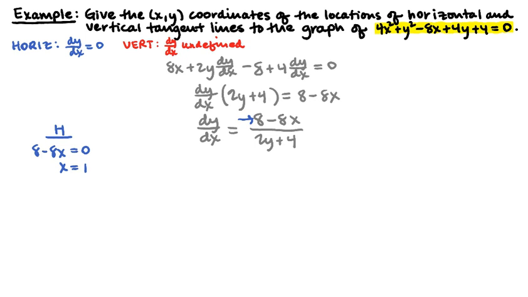So I've got 4 times 1 squared plus y squared minus 8x, so that's minus 8, plus 4y plus 4 equaling 0. And look at that. 4 plus 4 is 8, minus 8 is 0. y^2 + 4y = 0. This is the type of thing we should factor.